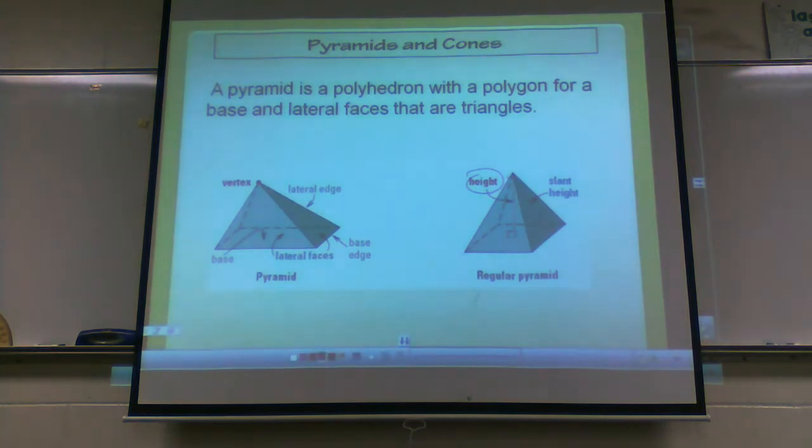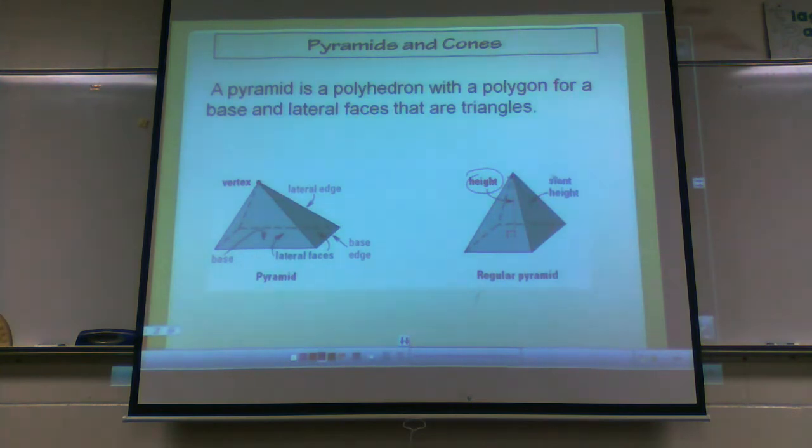This one would be an oblique one because it's kind of tilted over to the side. The height here is not connected right to the middle of the base, so it's oblique. That's the easiest explanation. It's not technical at all.